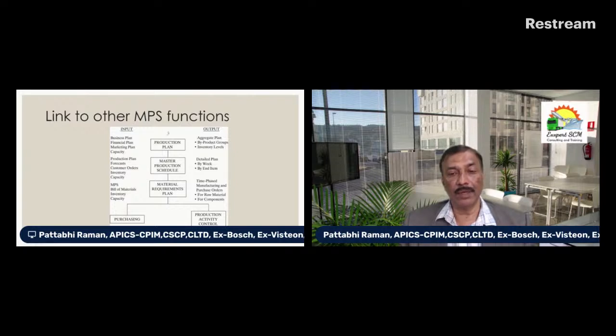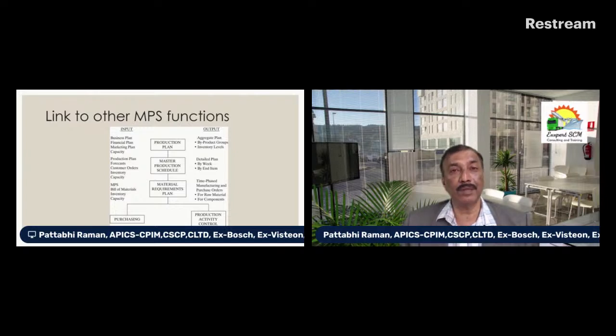You can always see there is a different horizon at each level. For example, if we take production planning or SNOP, we are talking about an 18-month plan in terms of an aggregate plan. The next level is the master production schedule, where we talk in terms of a 3 to 8 months horizon and also in terms of end product management.